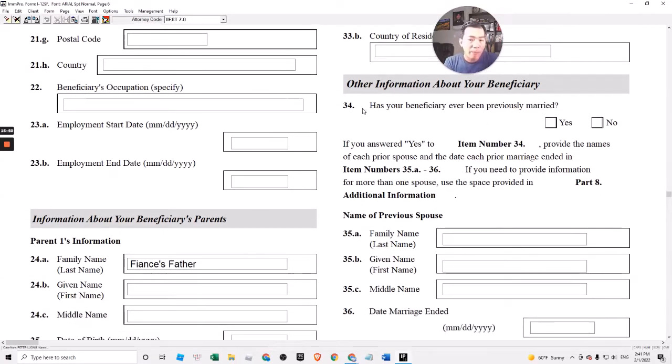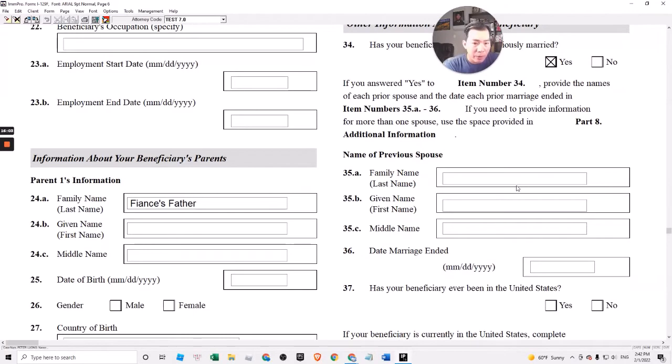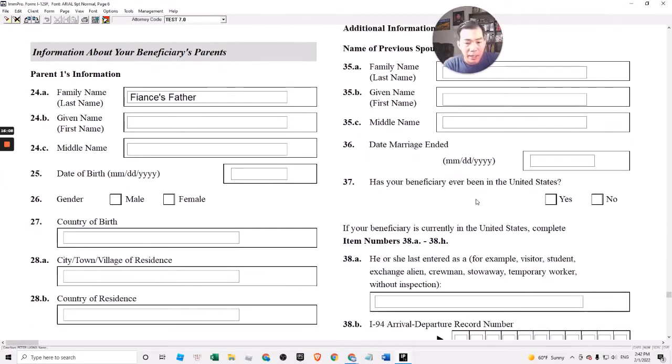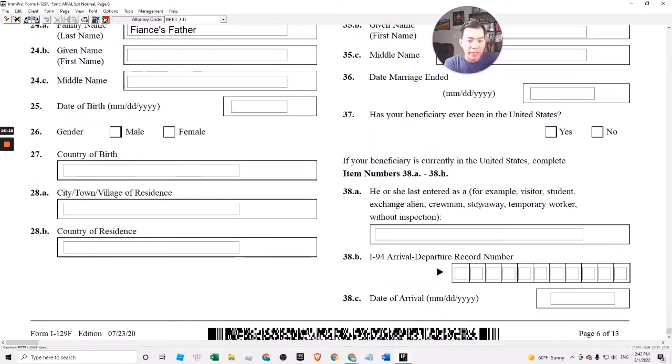Question 34 of part 2, they ask, has your fiancé ever been married? Yes or no? If no, you don't have to provide anything down here. If yes, you do have to provide the previous marriage information together with the divorce certificate.